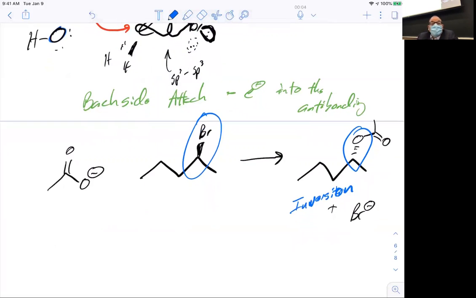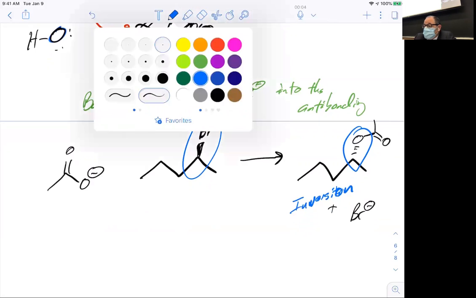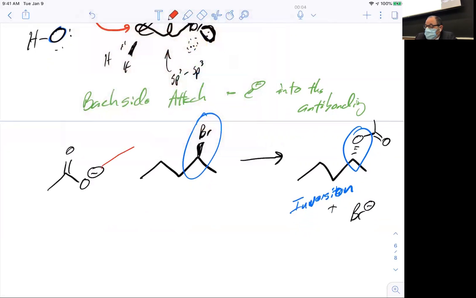So the nucleophile has to come in from the backside. In this case, the bromide is on a stereospecific center. It's going forward, so that means when the carbonyl comes in, it's got to come in from the backside, which causes this stereocenter to invert.